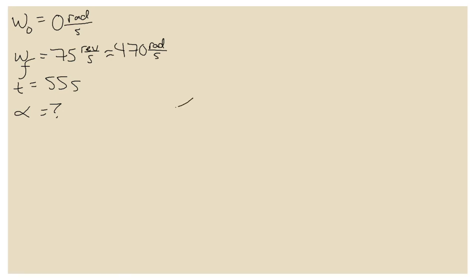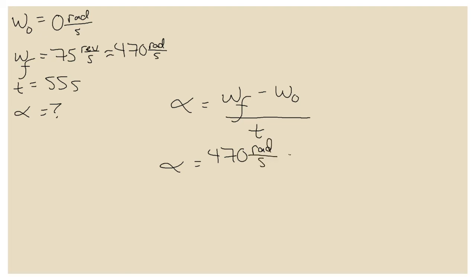According to the equation that we showed here at the beginning, alpha, the angular acceleration, is equal to the final angular velocity minus the initial angular velocity over the time. And so here, this is going to work exactly like a standard acceleration problem. We have 470 radians per second minus 0 radians per second over 55 seconds.